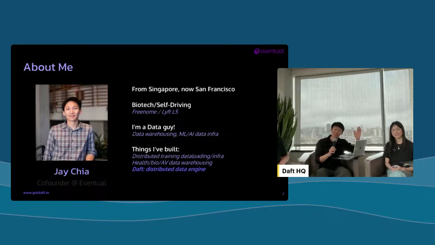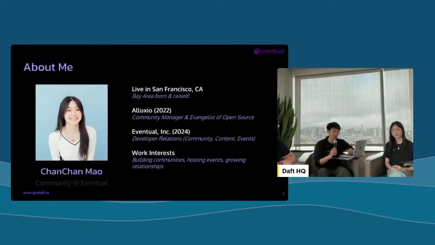So, already done quick intros. Yes, I'm originally from Singapore. Now we're out in sunny San Francisco, where we all currently are right now. And yes, I'm a data person: data warehousing, machine learning, AI, data infrastructure. Things I've built include distributed training and data loading, right? Imagine you have a large warehouse of data. How do you feed that into your models for training? And also data warehousing in the health, bio, or autonomous vehicle space. And now I'm behind the Daft distributed data engine. Maybe Chan Chan quickly as well.